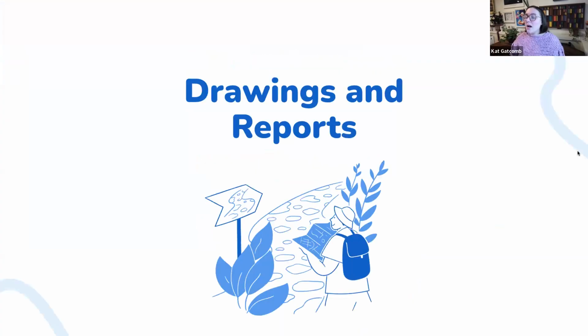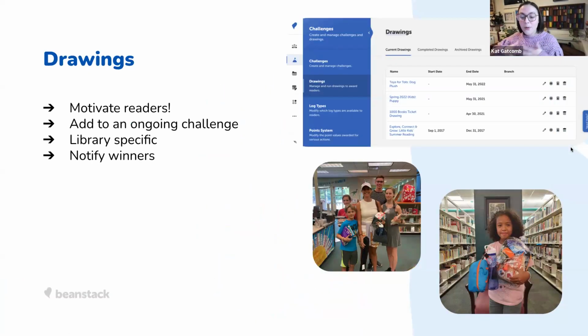Now we're going to talk about some more admin level functionality, which are drawings and reports. I just mentioned that the challenges Penelope is creating, these monthly challenges available to the whole system, are a really fun way to encourage your readers to log their reading and engage with the library throughout the year. Those do not have rewards tied to them.